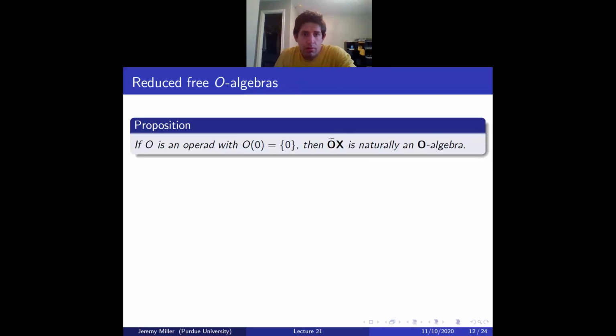Yeah, so if we have an operad with the condition that the space of 0-to-1 operations is just a point, then the reduced monad on X is naturally an O-algebra. I forget, am I supposed to be capitalizing X? I don't know.